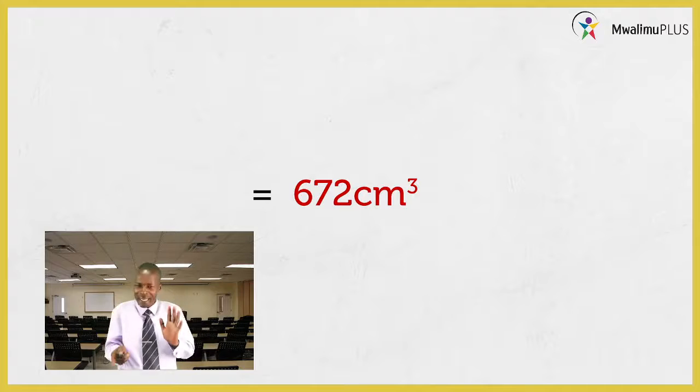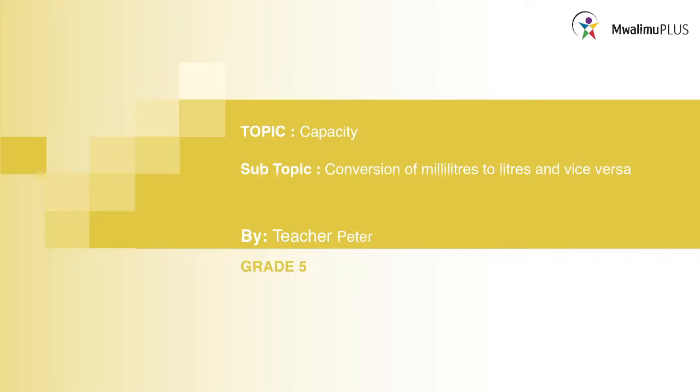Do you see any link, any correlation? Are they related in any way? You realize that, first of all, volume is that space. Then, if we put some liquid, say water, into that space we call volume, then what we are finding is simply capacity. So in other words, these two are related.